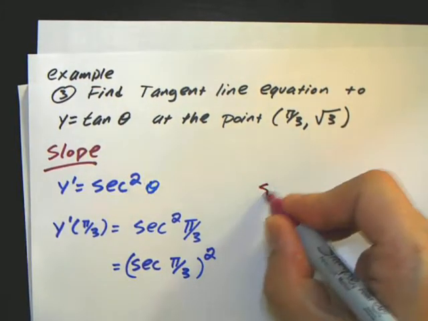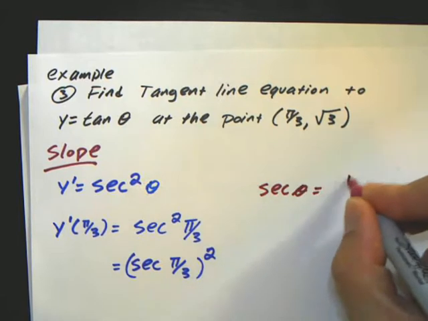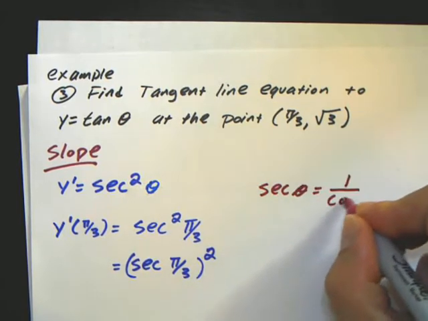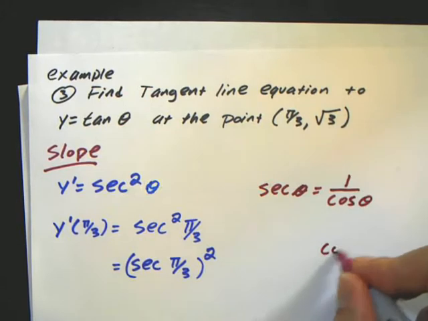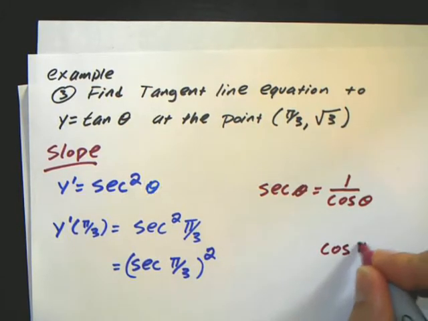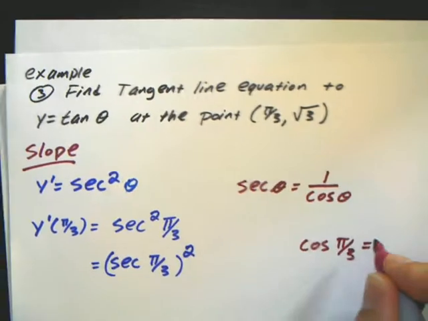Well, secant x or secant theta is the same thing as the reciprocal of cosine theta, and cosine of pi over 3 is equal to a half.